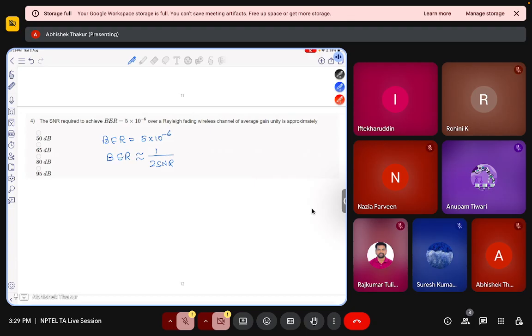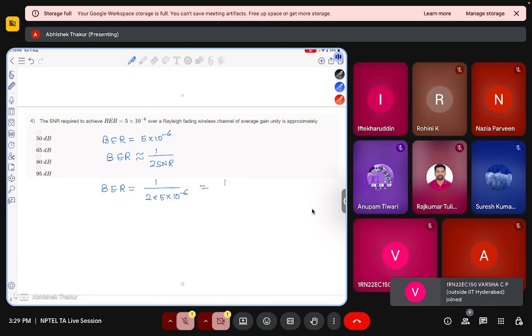This approximation equation is applicable at high SNR values, as taught in the lecture also. So bit error rate is equal to 1 by 2 into 5 into 10 to the power of minus 6. So this will become 10 to the power of 6 by 10. So this is 10 to the power of 5.